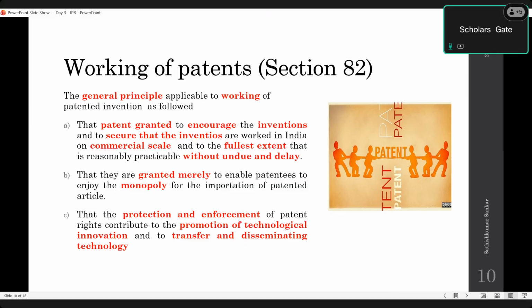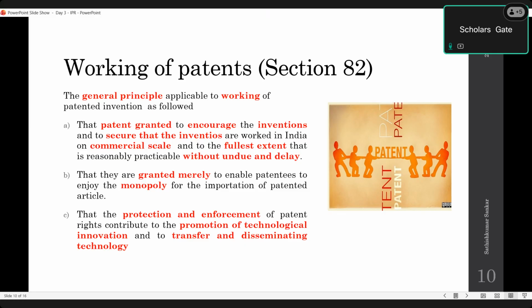Then the protection and enforcement of patent rights contribute to the promotion of technological innovation and the transfer and dissemination of technology. Why is the patent granted? I already mentioned this in the first day session: why is the patent needed for the government of India or a country? First, streamlining the invention and the protection and enforcement of the particular patent rights.